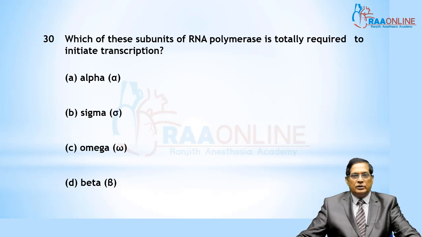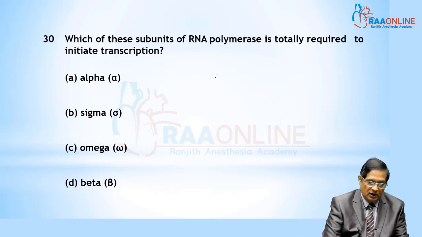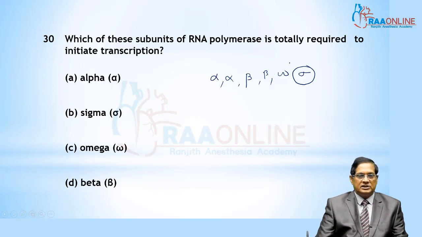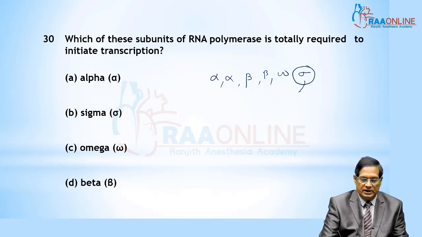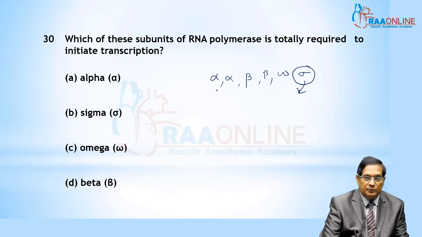Which subunits? RNA polymerase enzyme actually comprises 2 alpha chains, alpha, then beta, beta 1, omega, and 1 unit, that is the sigma factor. Sigma factor is the master or key chain, and the remaining portion is the core enzyme.